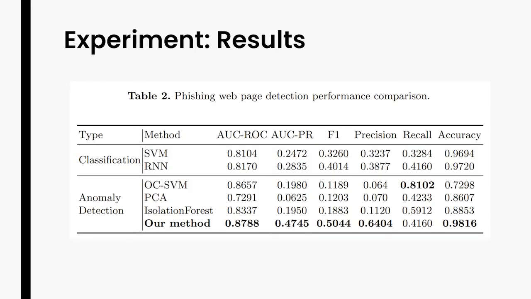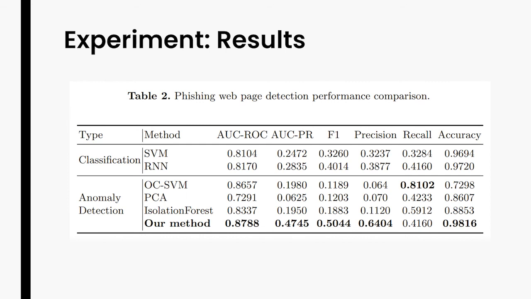The performance of our proposed method and 5 competing methods are shown in the table. Our method outperforms other methods by a large margin in terms of all metrics except recall. Although isolation forest achieves better recall than our method, its precision is significantly lower.